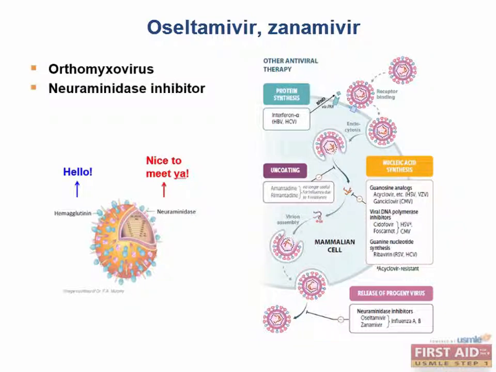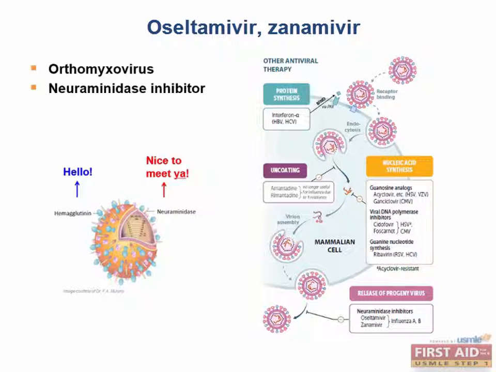Oseltamivir and Zanamivir are neuraminidase inhibitors. By inhibiting neuraminidase, these drugs reduce the rate at which progeny viruses are released from infected cells. It is important to know that these medications do not do anything to kill the virus. Rather, they simply slow down the spread of the virus, which gives our immune system time to fight and remove the cells that are infected by the virus.